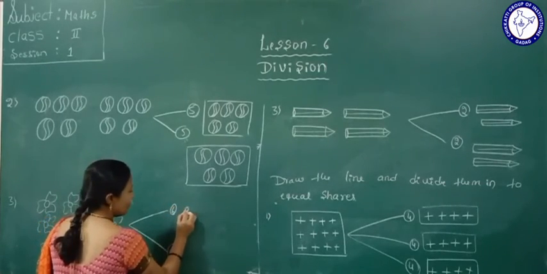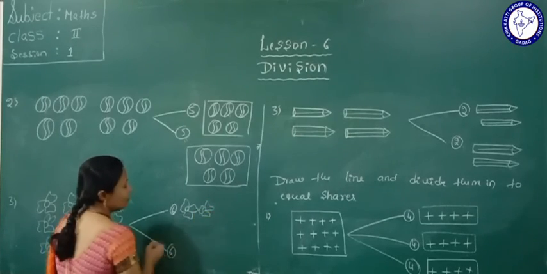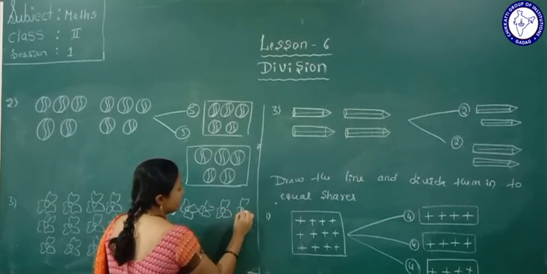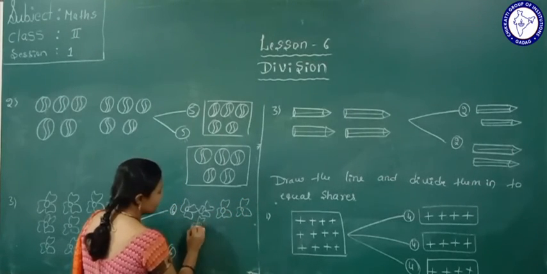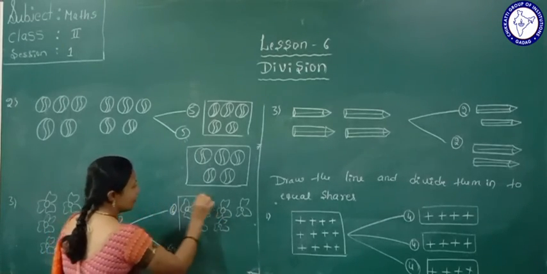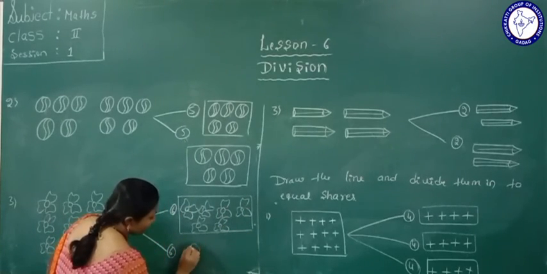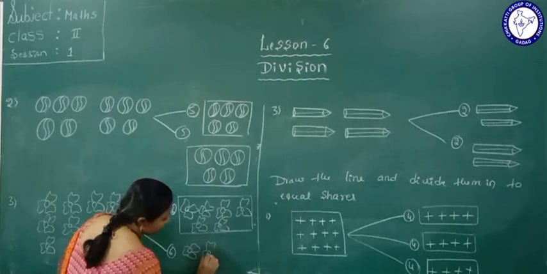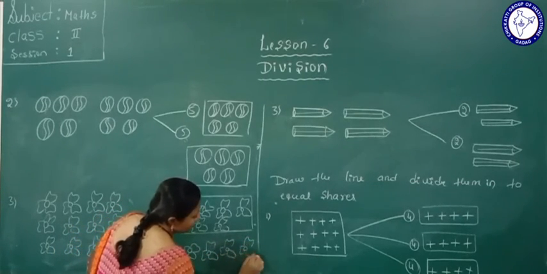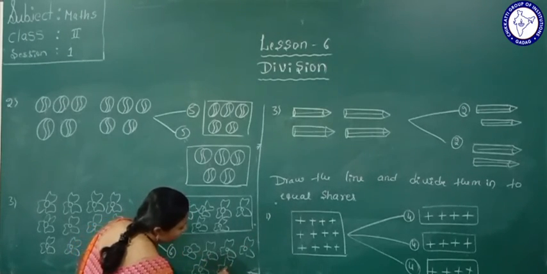Yes. So 1, 2, 3, 4, 5, 6. This is one group. Yes, another group. 1, 2, 3, 4, 5, 6.